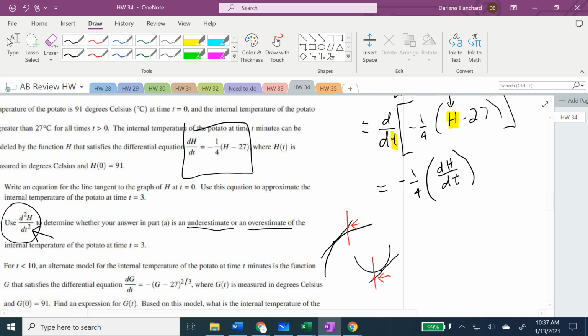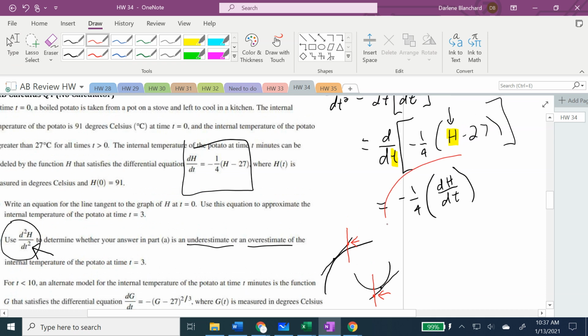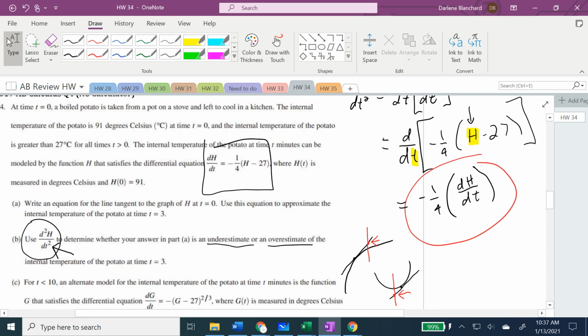So your focus is: is this positive or negative? And that's what matters, because they only said to use the second derivative. They didn't say that you had to specifically find it in a particular form.